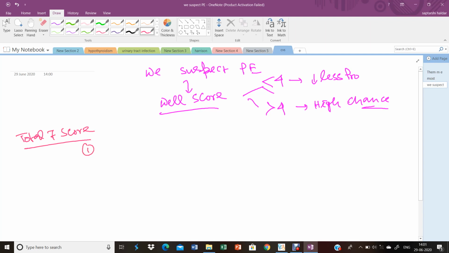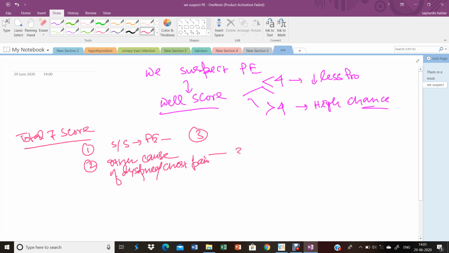First, patient signs and symptoms suggestive of pulmonary embolism: the score is 3. Second, other causes of dyspnea and chest pain excluded: that is 3 points. Third, if the patient has heart rate greater than 100, the point is 1.5.